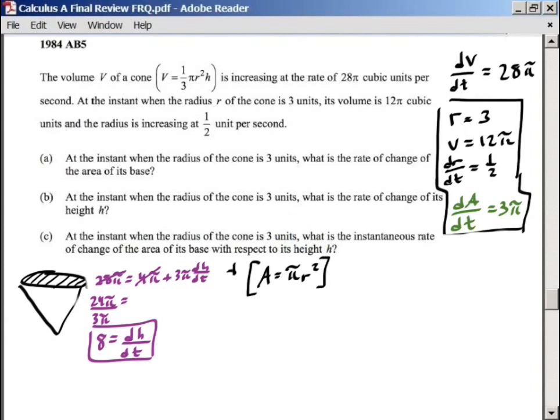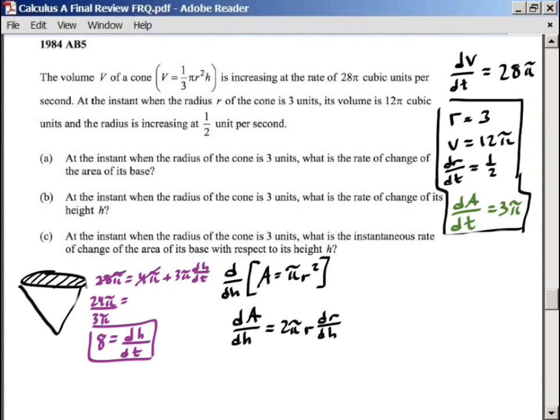So we're taking the derivative with respect to h now. So to do that, we're going to get dA over dH equals, and now I got to take the derivative of this with respect to h, which is kind of weird. We get 2 pi r dr over dh.